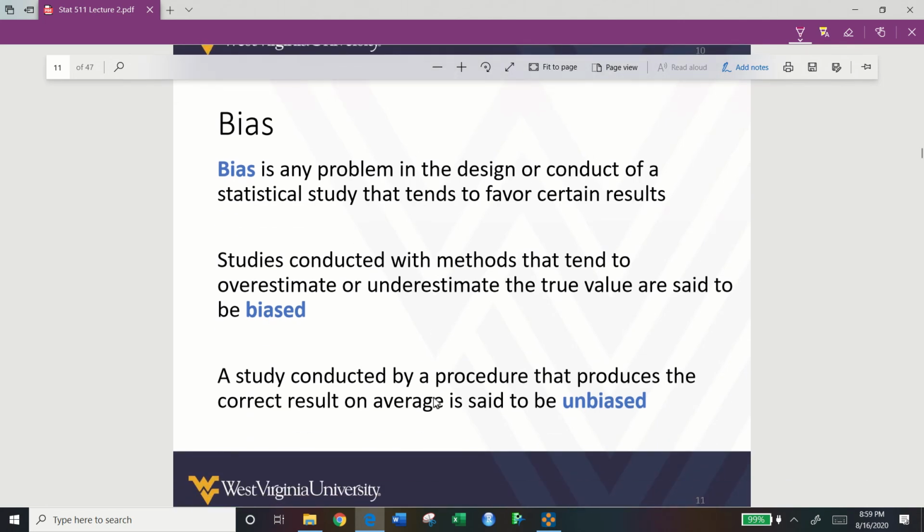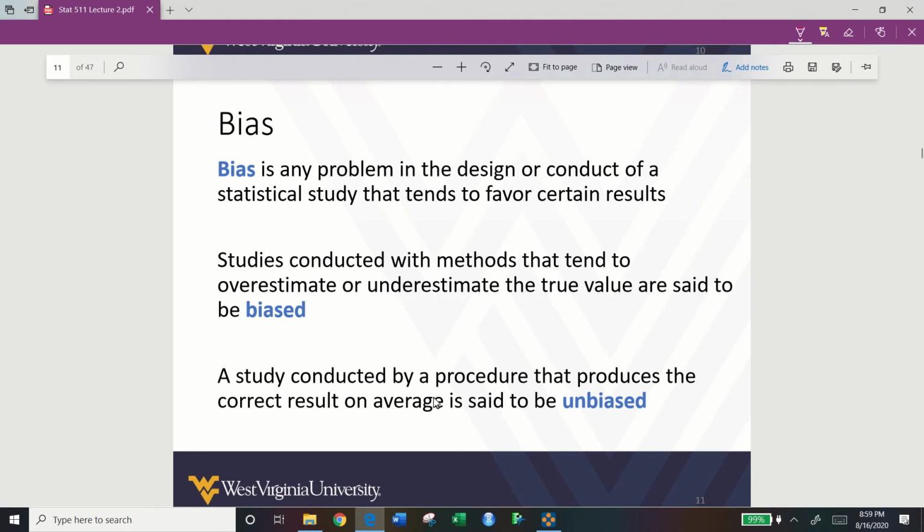So what is bias? Bias is a problem in the design or conduct of a statistical study that tends to favor certain results. Studies conducted with methods that tend to overestimate or underestimate the true value are said to be biased. A study conducted by a procedure that produces the correct result on average is said to be unbiased.